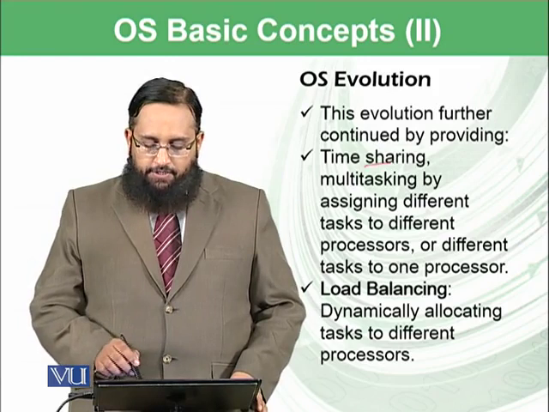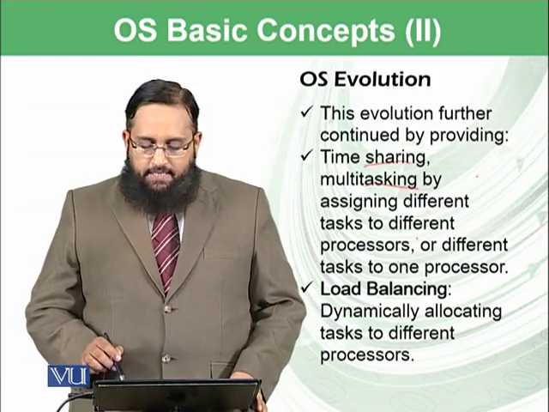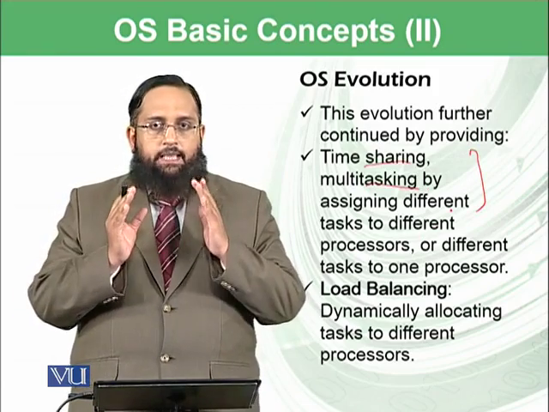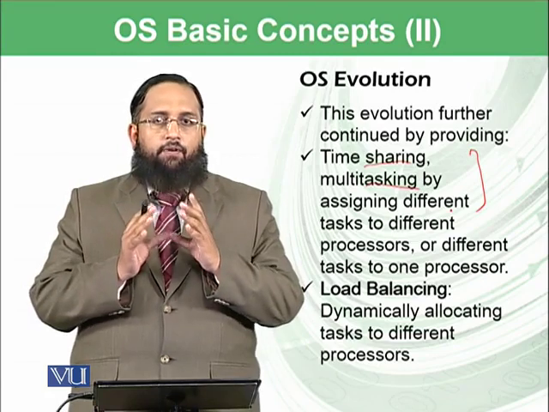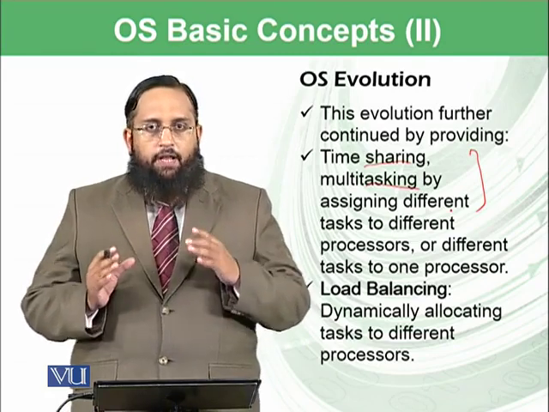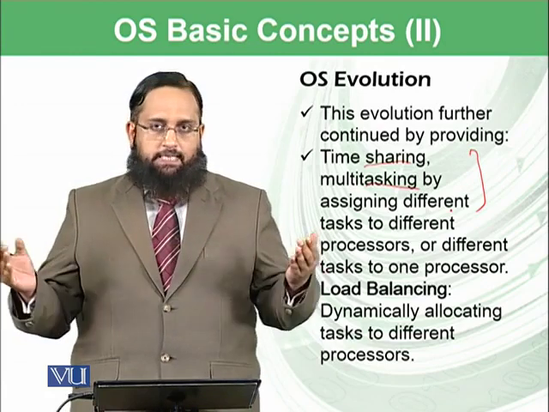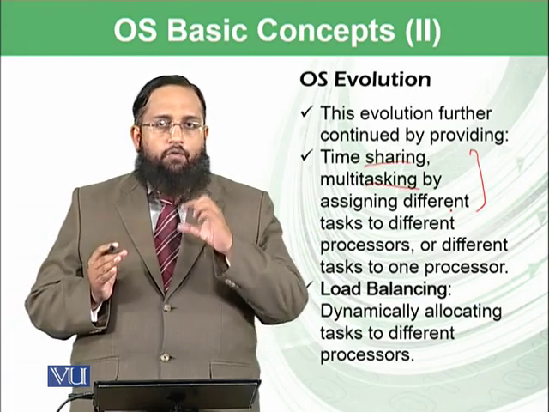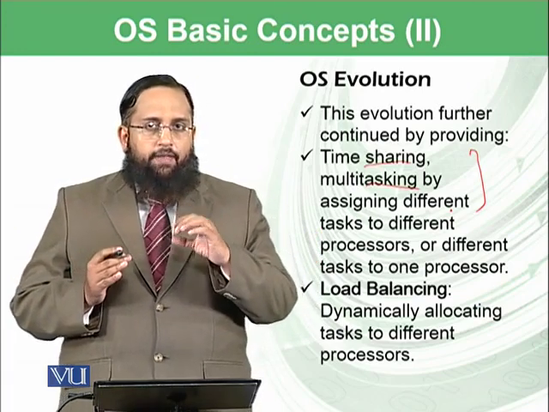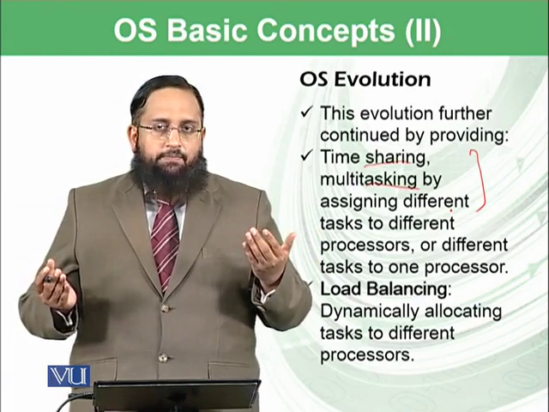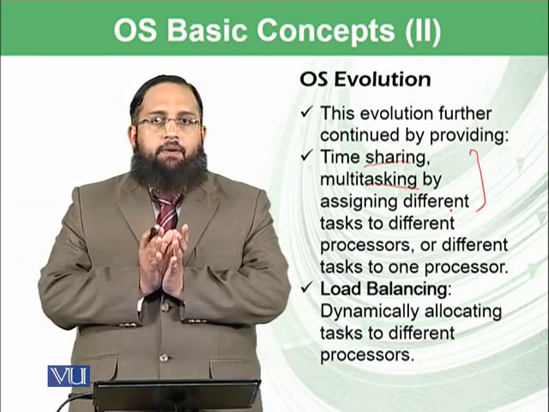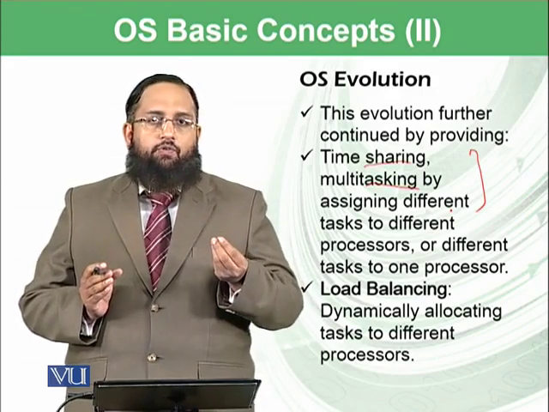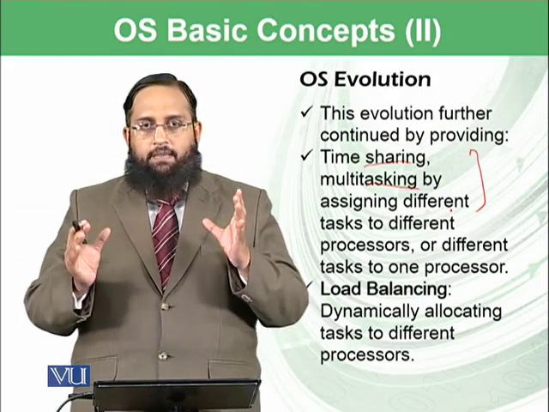We provided time sharing, multitasking, and multi-programming, but these were performed for one processor. Nowadays we have multiple processors. For example, if 30 users can be serviced on one CPU, and we have 10 CPUs forming the same computer, then 30 multiplied by 10 means 300 users could be serviced from the same computer.